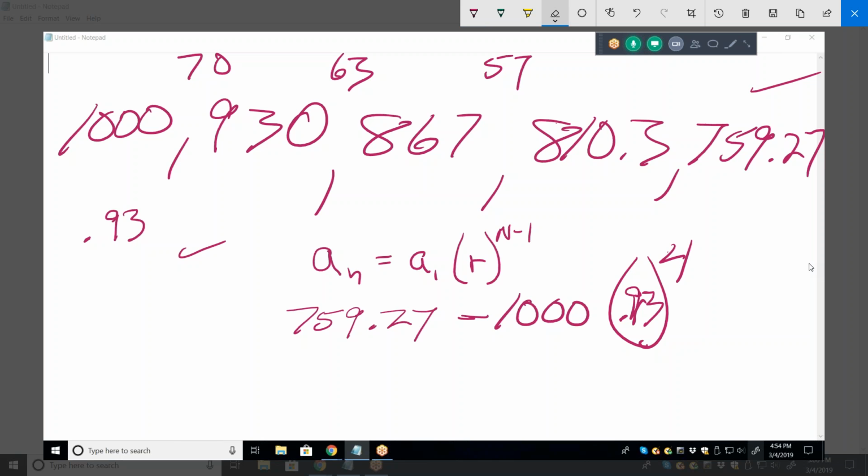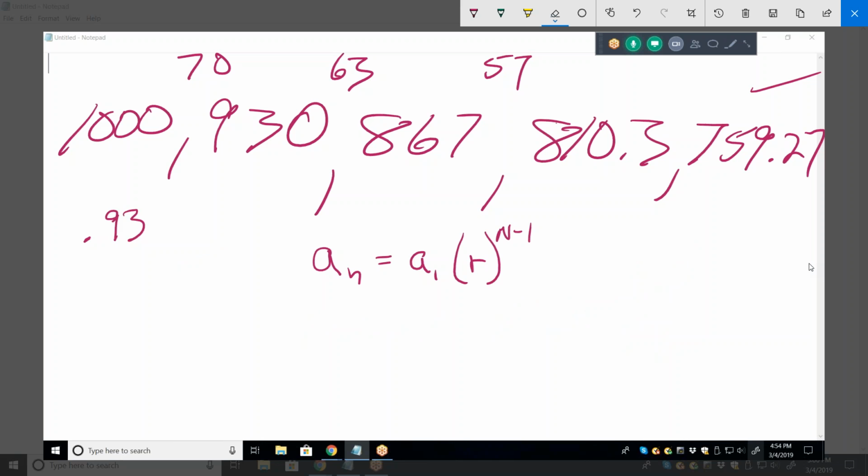Oh, okay. All right, let's back up a little bit. First of all, this is the explicit formula. That'll give you any geometric series where you know the first term and the common multiplier.